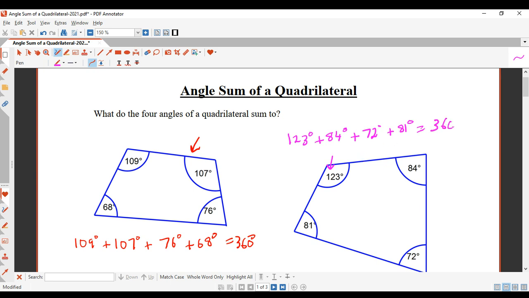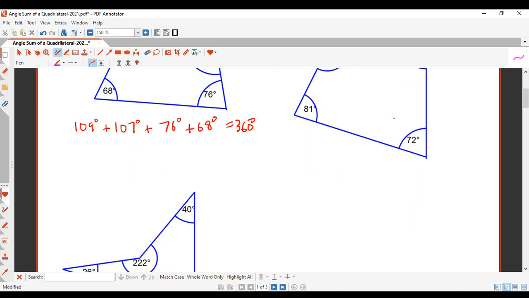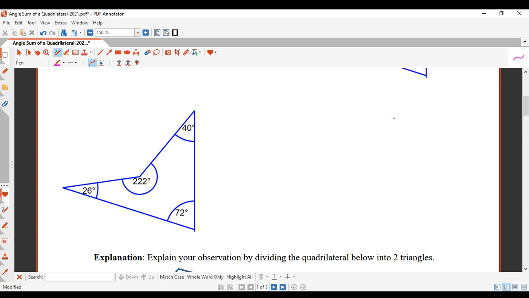Okay, let's do one more. Copy that down. Okay, so we're going to have a look at the next one. So we've got four angles here. 1, 2, 3, 4. Let's add them up. Start off with 26 degrees plus 222 degrees plus 40 degrees plus 72 degrees.